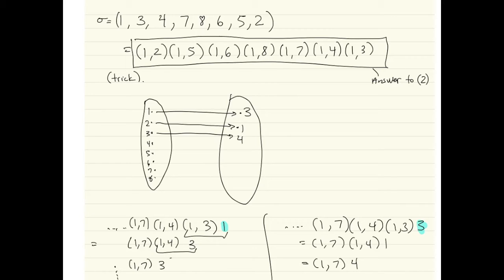And then we ask, well, what does (1 7) then do to a 4? And you can see that 4 doesn't appear the rest of the way. And so the point is that 3 goes to 4. And that's exactly what sigma does as well. And so these two elements of the symmetric group agree on what they do with 1, agree on what they do on 3, and you can believe then that they agree on what they do with all these other elements.